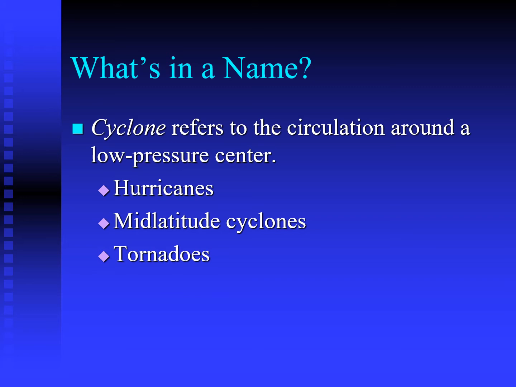All right, so a cyclone could be simply a low pressure center. It also could refer to the mid-latitude cyclones that we discussed in chapter 9 that are constantly forming, often along the polar front, and then moving from west to east across the United States.